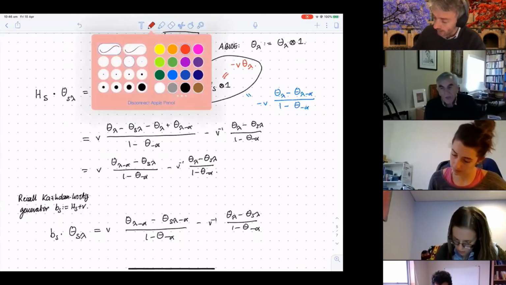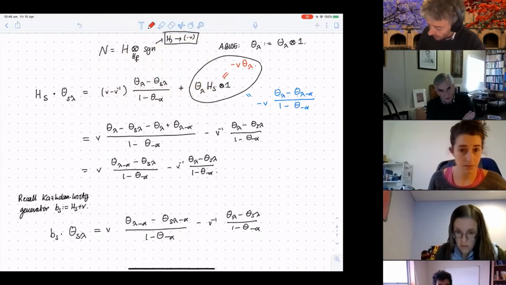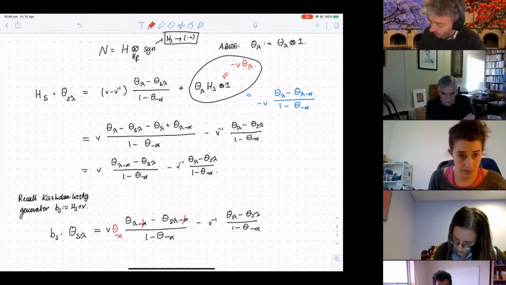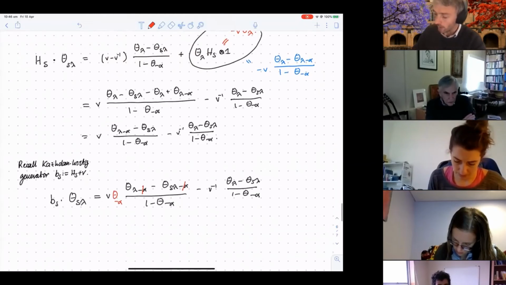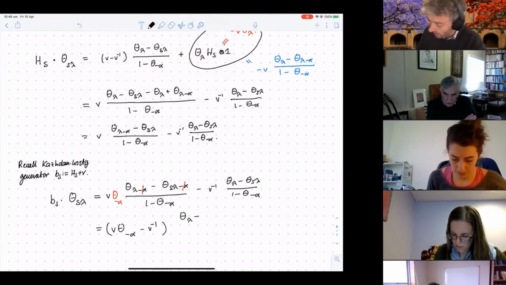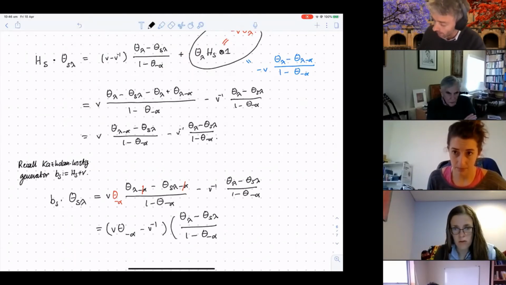And now if I multiply by theta minus alpha outside of here, I can get rid of this and get rid of this. And so my final term becomes V theta minus alpha minus V inverse, all outside of theta lambda minus theta S lambda, all outside of 1 minus theta minus alpha.